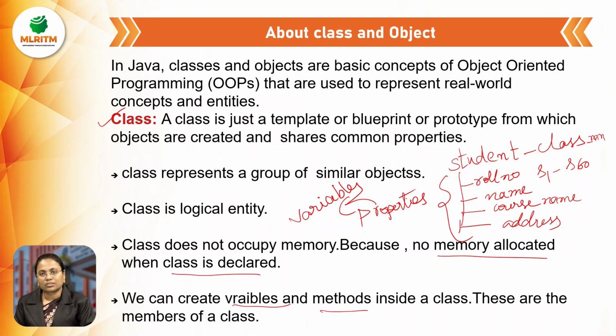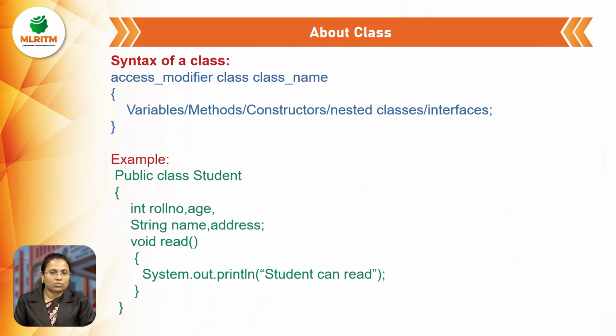And one more point is, memory is not allocated for the class at the time of declaration. So how can we access the variables and methods which are present inside the class? We can answer that through an object. When we discuss objects, we'll see this point.